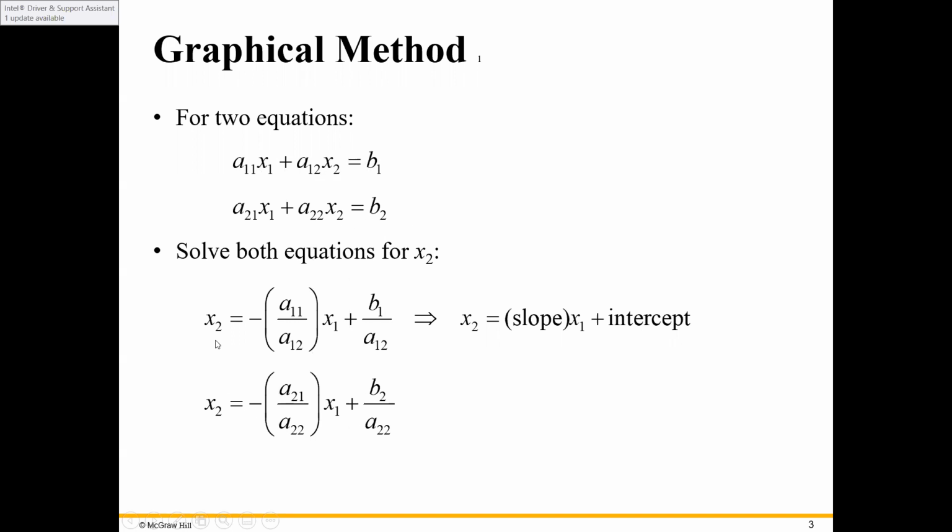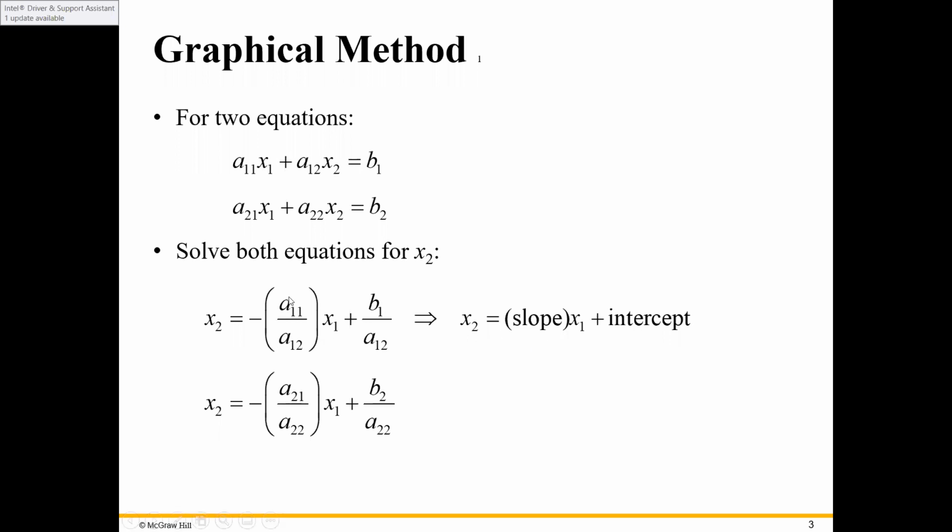So we have the equations in the form where x2 is on one side and x1 and the other terms are on the other side. This form of the equation is the slope-intercept form of the line.